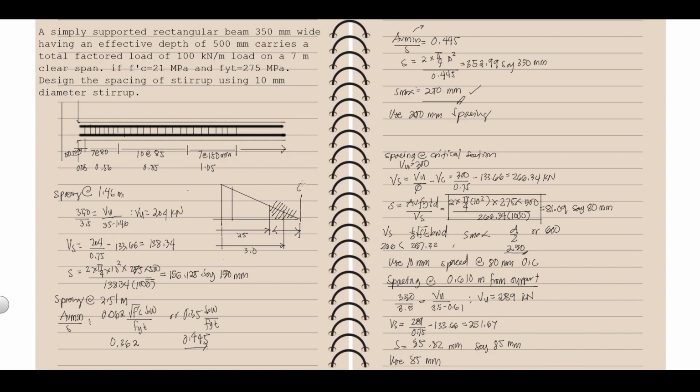Ito. Center line. Okay? So, from this point, okay, up to the center line, let's say this is the center line or the midpoint of the beam. Okay, let's say the rest, yung natitira pa is spaced at 250 mm. Okay, nakuha ba? Yes. Okay, so bahala na yung foreman dito, no? Bahala na yung steel man.